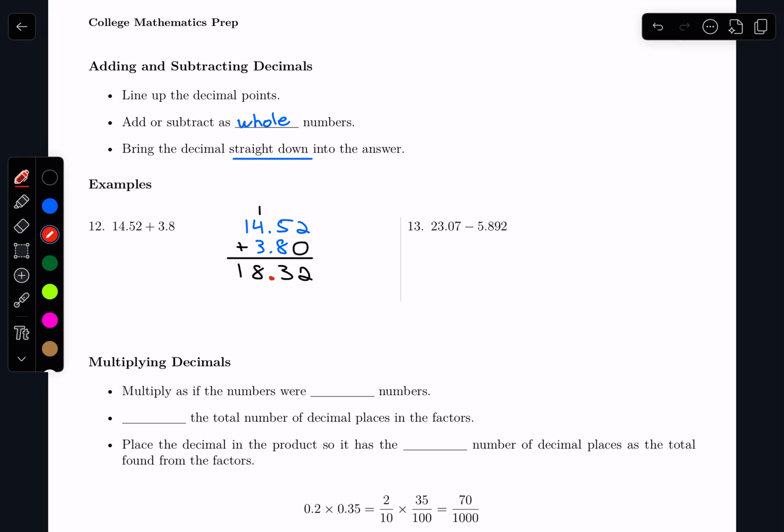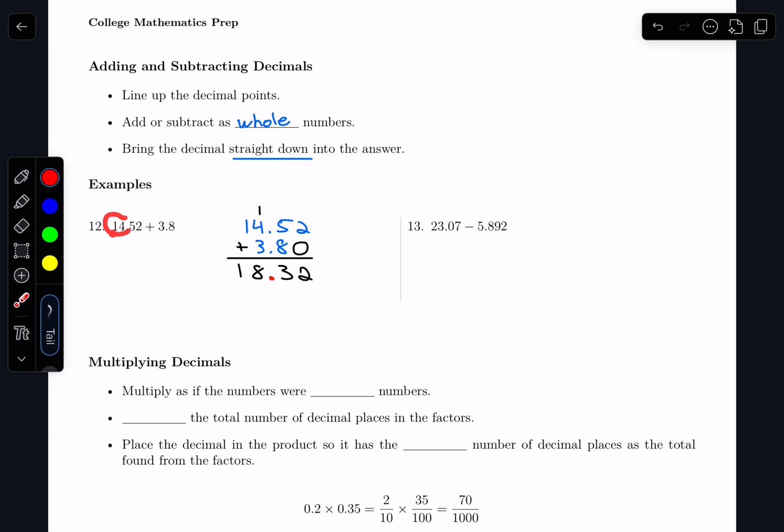So now, how do you know that you put the decimal place in the right spot? Well, just estimate this with whole numbers. At the beginning, if we ignore these decimal places, if I just told you to add 14 and 3, that would be 17. So we know that our answer should be pretty close to 17 because although those decimals are going to add value to it, they're not going to add a whole lot of value because they're behind the ones place.